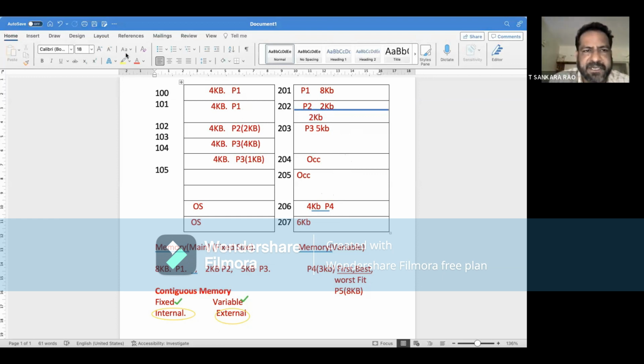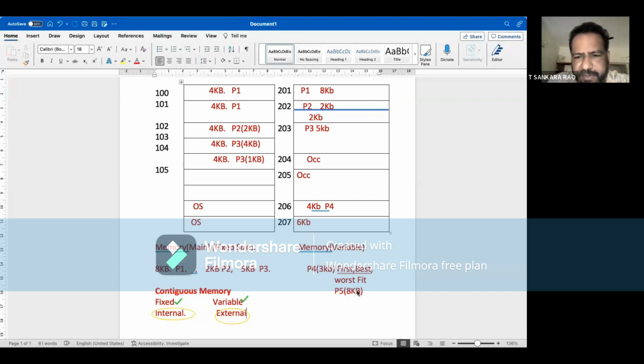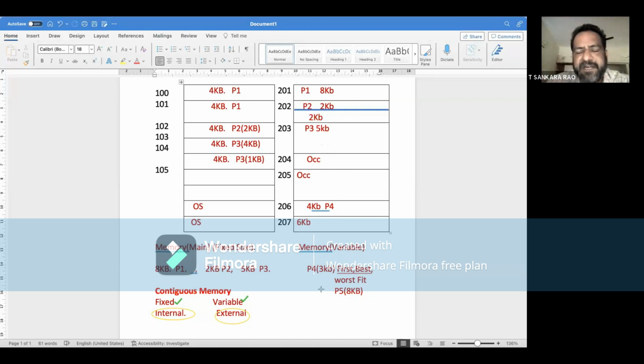So contiguous memory allocation suffers from both internal fragmentation as well as external fragmentation. Why are we unable to place this P5 8 KB even though the space is available? Due to the restriction that the entire process should be continuous. So what can be the remedy?